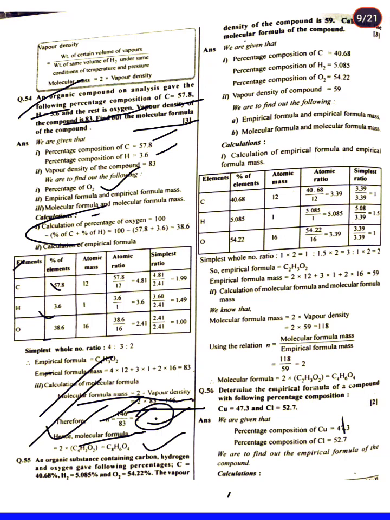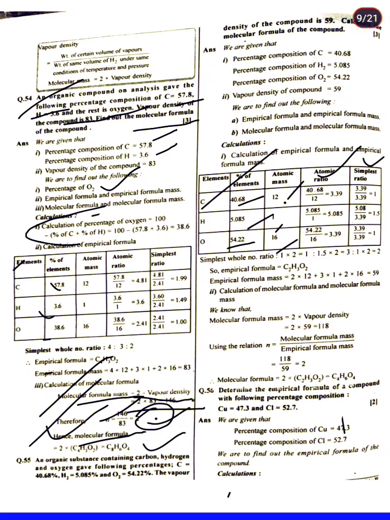Okay, similarly, the next numerical has carbon percentage 40.68, hydrogen 5.085 and oxygen 54.22 percent. Again, calculate the empirical formula. Using atomic mass 12 for carbon, 1 for hydrogen and 16 for oxygen, the atomic ratio can be calculated. Okay, and the next step is the simplest ratio can be calculated.